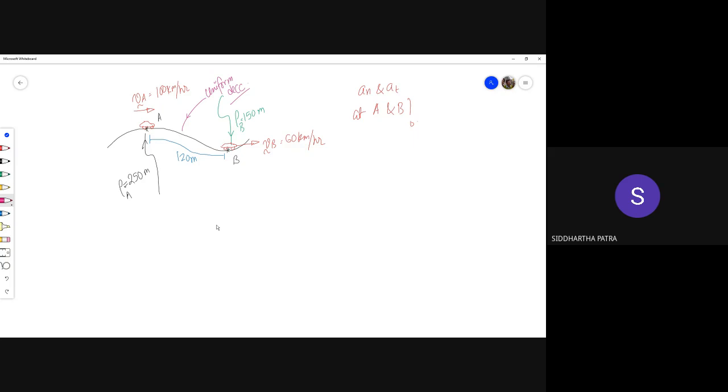So the speed drops from A to B uniformly, or in other words, V dot equals S double dot equals AT at A equals AT at B equals (VA squared minus VB squared) divided by twice SAB. Is this understood?